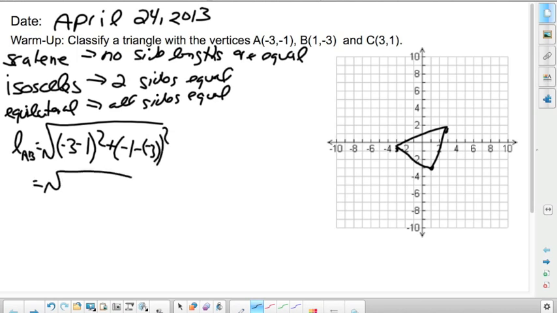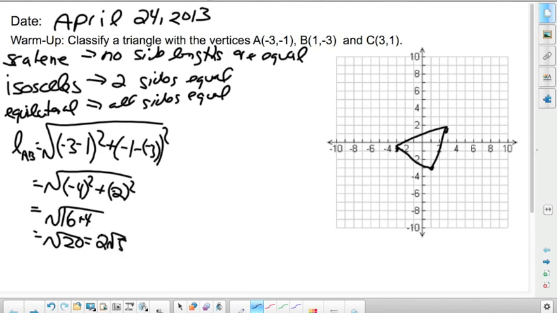So that gives me -4 squared plus 2 squared. So that gives me 16 plus 4, which is square root of 20. If I simplify that radical, that's 2 root 5. Oh, does it minus -3? Yes.